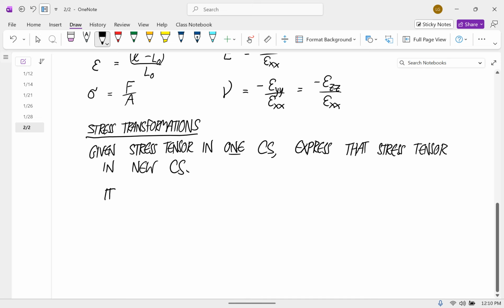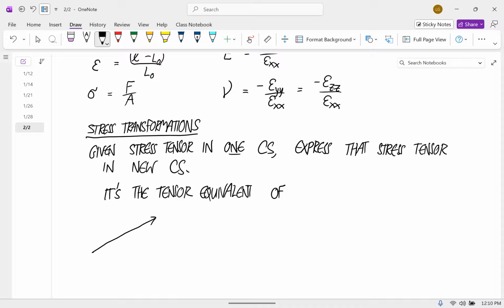So think of it as the tensor equivalent of having a vector like this and in a coordinate system like this.